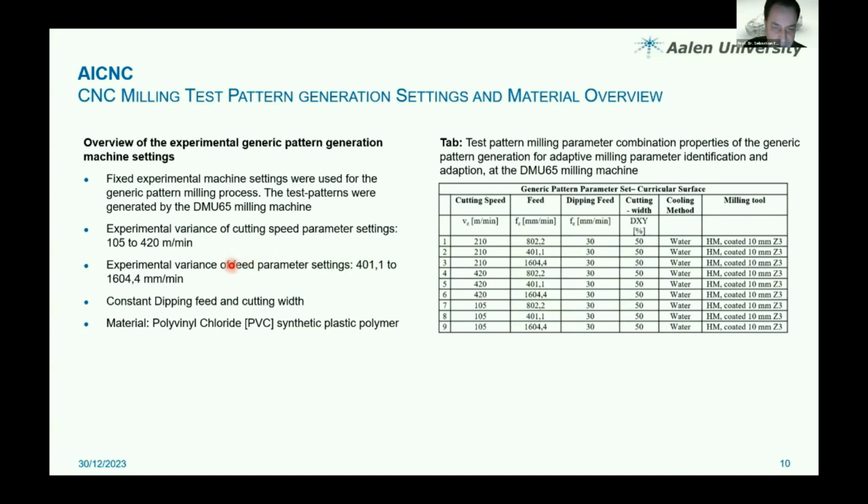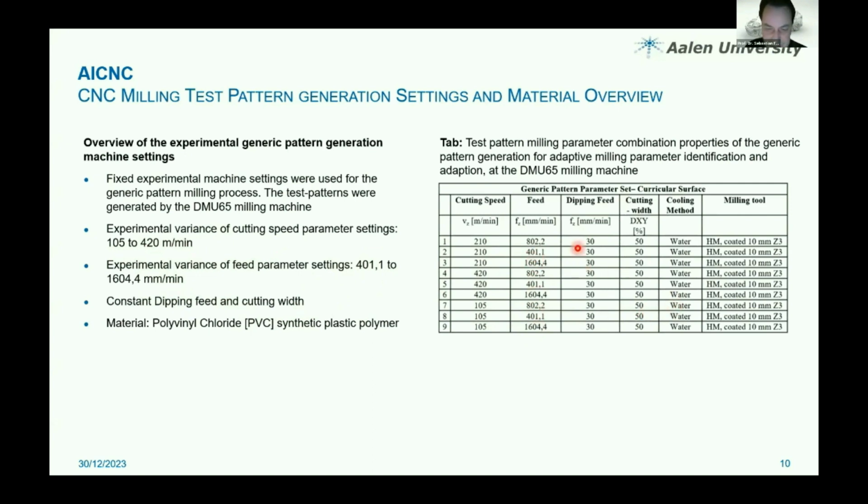In the experiment with the polymer, we used 105 to 420 meters per minute for the cutting speed, and feed parameter from 401.1 to 1604.4 millimeters per minute. This was the variation we did, and for each pattern we use different setting combinations.